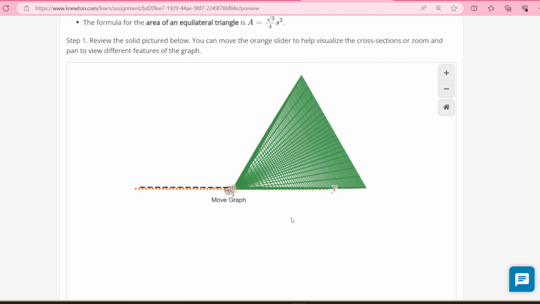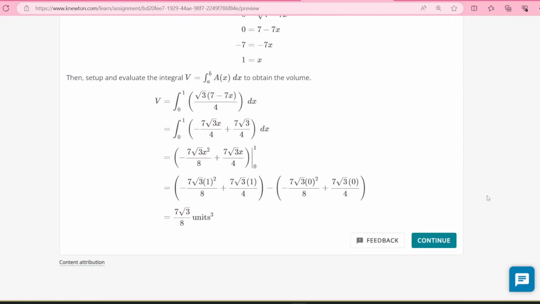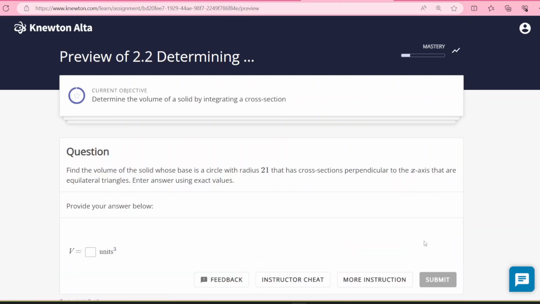So the equilateral triangles are what those cross sections look like, every slice that's perpendicular to the x-axis. The volume of that was 7 root 3 over 8 cubic units. All right, so look at that. We're barely anything left in this.